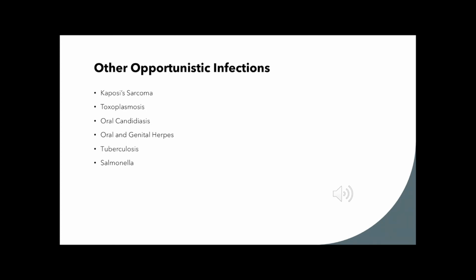Most individuals might not really show symptoms of this, but in individuals who do not have the ability to suppress these disorders, they can have pretty severe outbreaks of oral and genital sores. Other conditions are tuberculosis and salmonella.